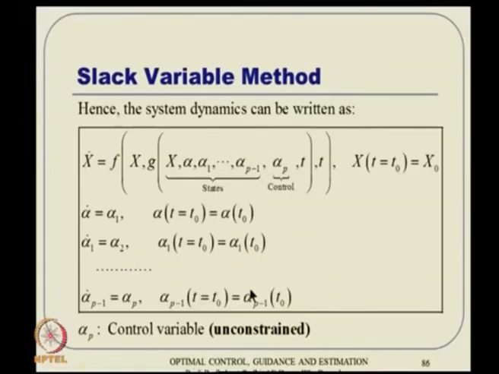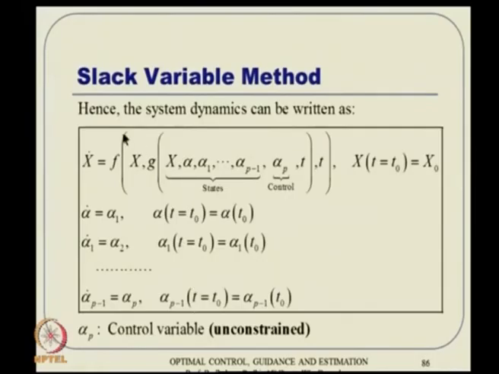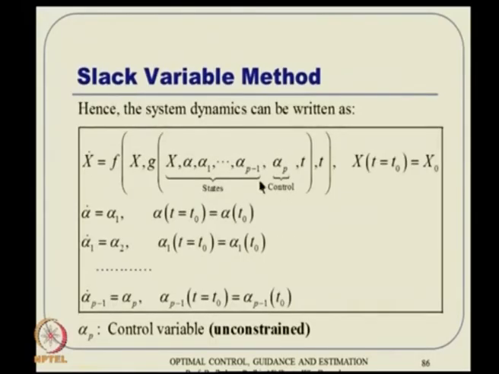Once I do that, I can revisit the state equation, which is nothing but f of x, u, but u is now something like this. I put it there, and in this I will consider alpha p as control, but all other things as states. I should be able to augment these state equations, which is very straightforward. Alpha dot is alpha 1, alpha 1 dot is alpha 2, and like that.